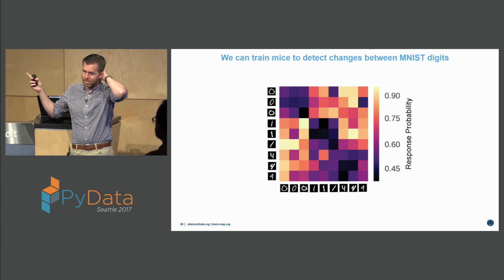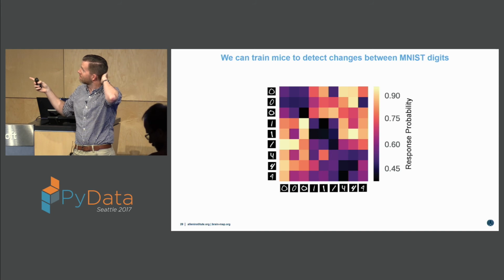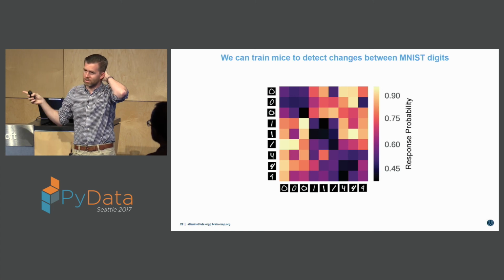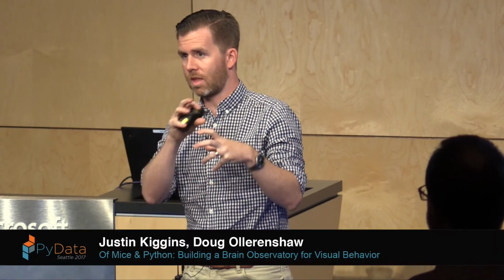This mouse is able to, for the most part, not respond when zeros go to zeros, but does respond when zeros go to other digits. Is that because they have extracted the higher level features of these images so that they have a sense of zeroness and oneness, or is it that basically there's light in the center of the screen or not? And that's an active area of inquiry.